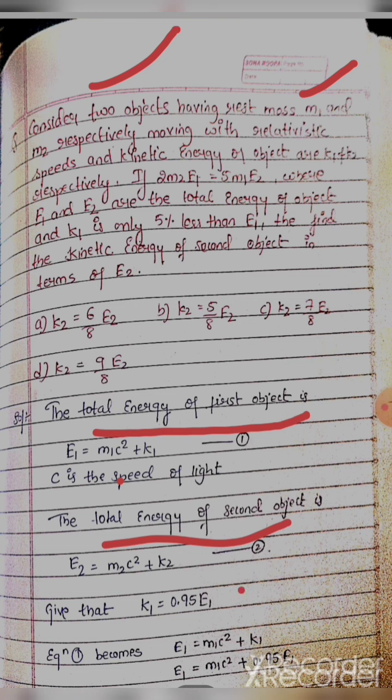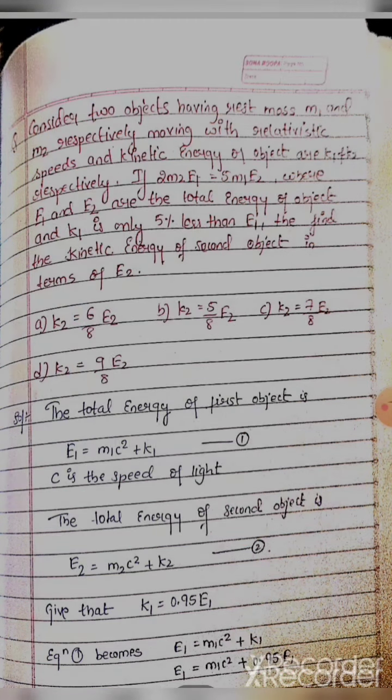Here the K1 value is mentioned in the question, where K1 is 5% less than E1. So the value is 0.95 E1. Just substitute that value in the above equation 1 of the total energy of the first object.